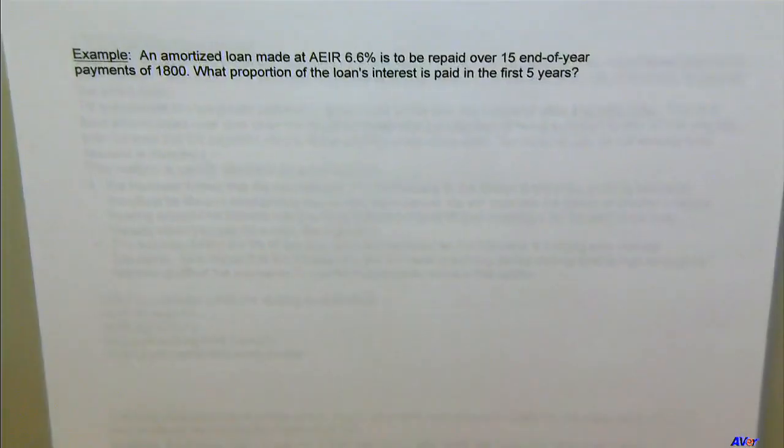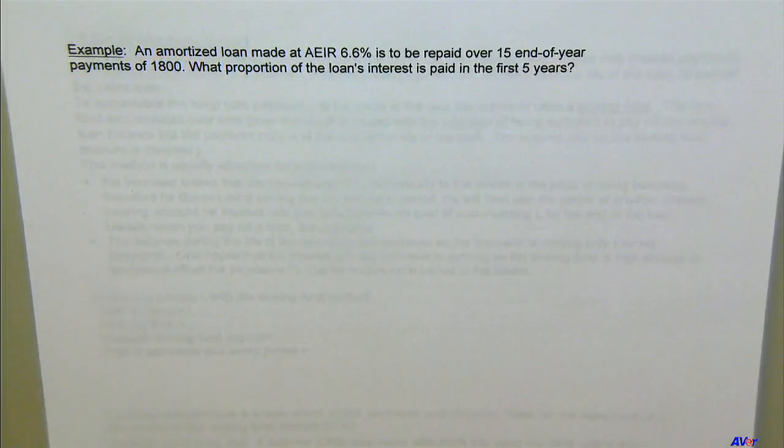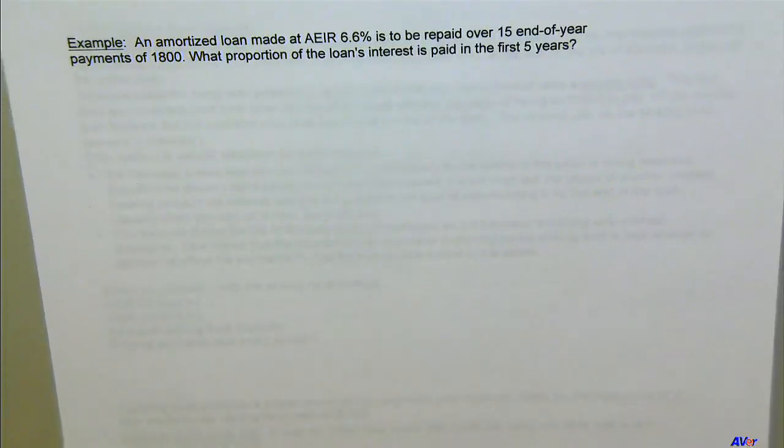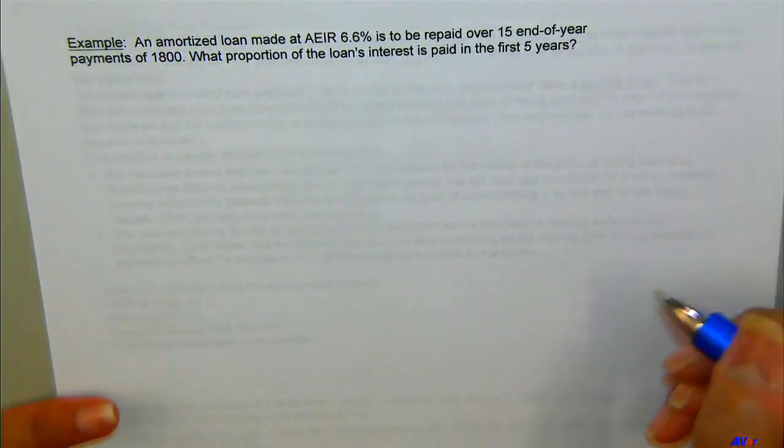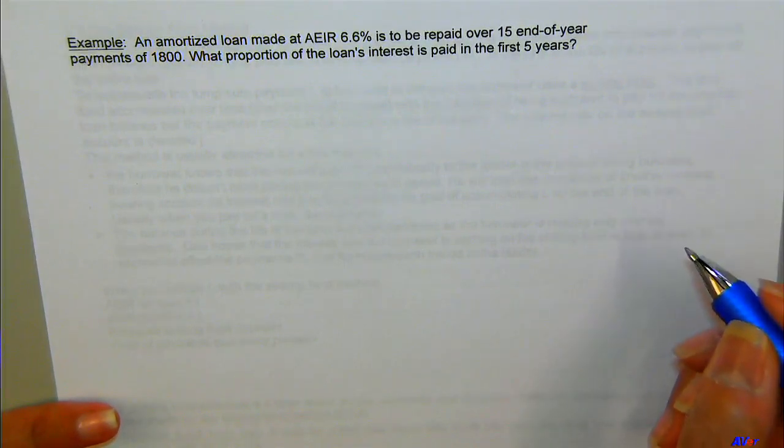Let's begin on page 7. It says an amortized loan made at annual effective interest rate 6.6% is to be repaid over 15 end-of-year payments of $1,800.